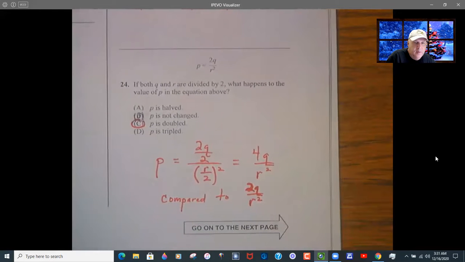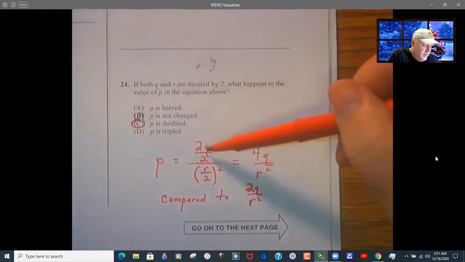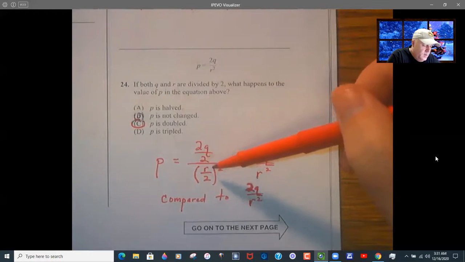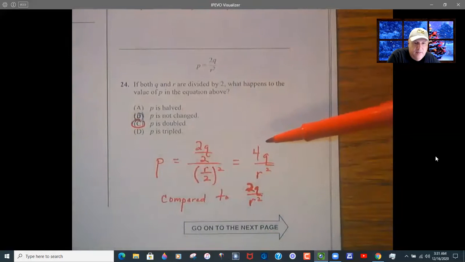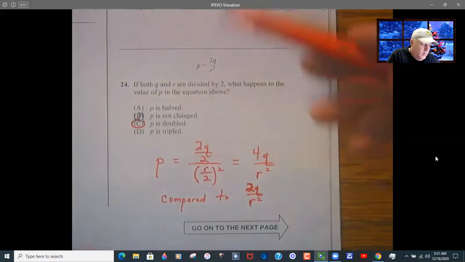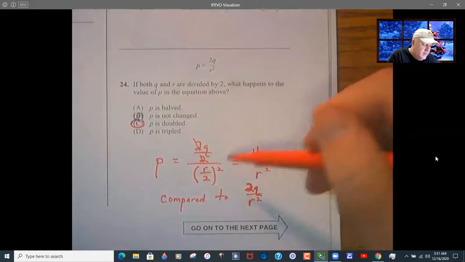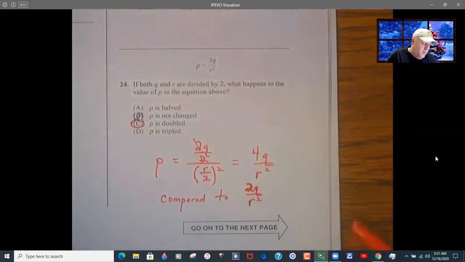So here's another one again, where maybe you can pick some values. So I just took Q and divided it in half, R divided it in half, and then simplified everything down. So in doing that, you just have Q on the top over R squared over 4.